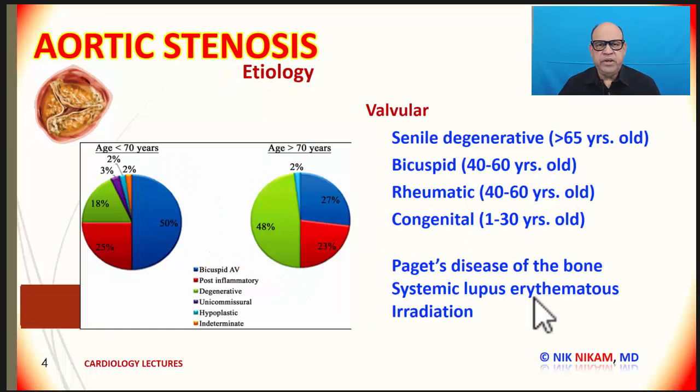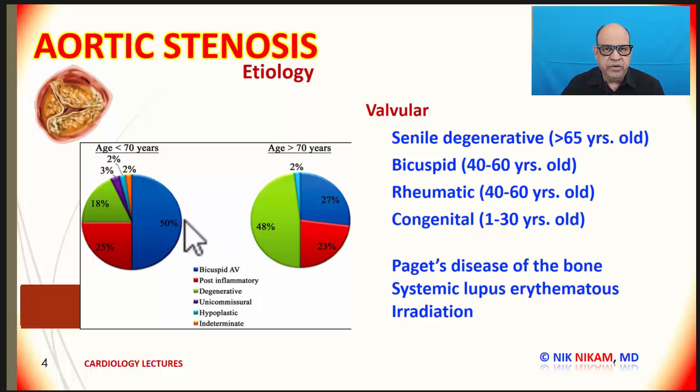Most of the aortic stenosis that we see is encountered in the adult population greater than 70 years, and in this population more than 48% of them are related to degenerative changes in the aortic leaflets, whereas in the younger population less than 70 years, 50% of the cases are related to the bicuspid aortic valve.